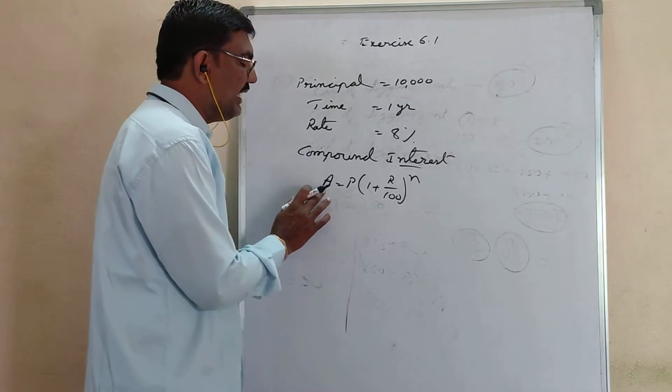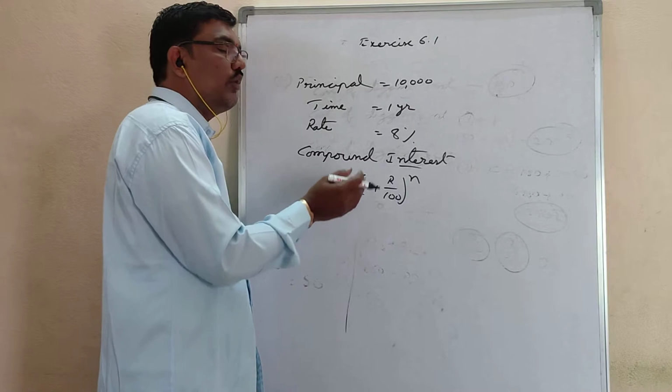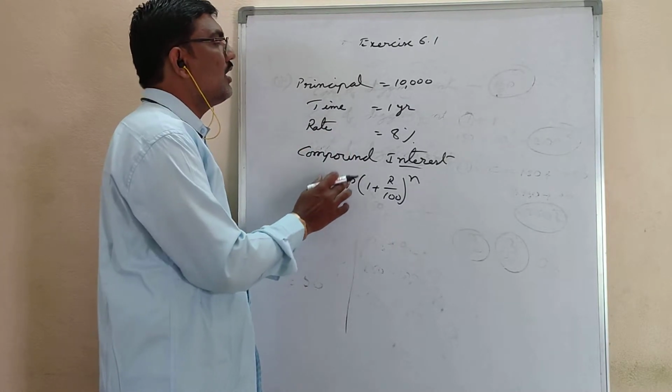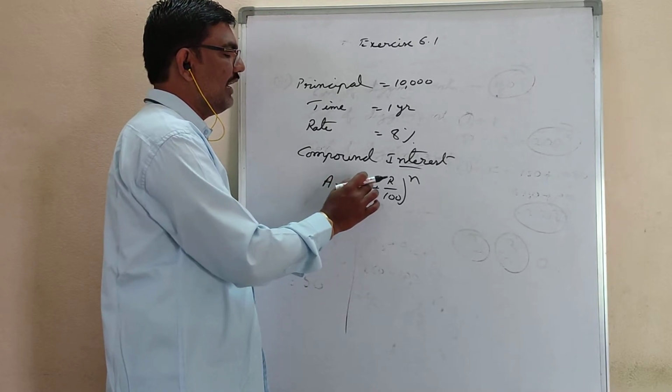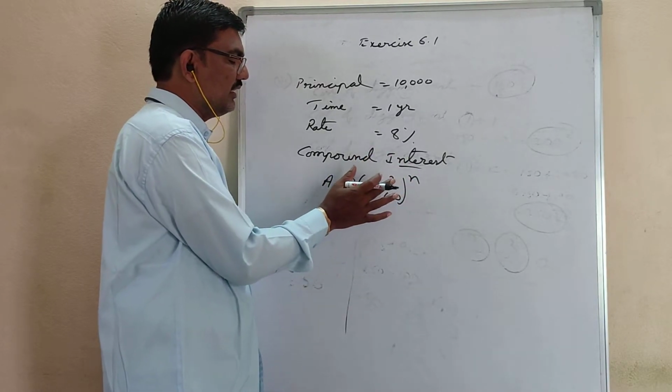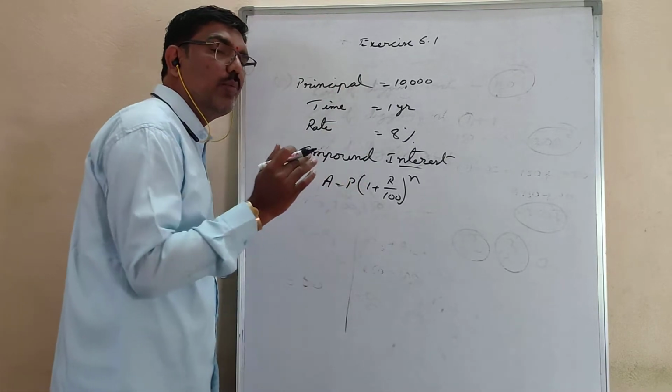From the amount, if you subtract the principal, you get the compound interest.